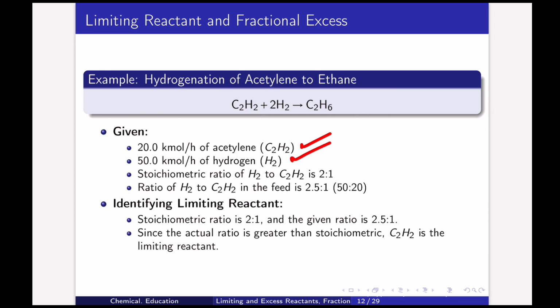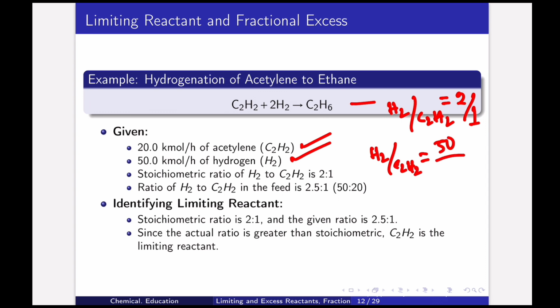Given 20 kilomole per hour acetylene and 50 kilomole per hour hydrogen, the stoichiometric ratio of H2 to C2H2 is 2:1. But in the feed, H2 is 50 and C2H2 is 20, so the ratio is 2.5:1.